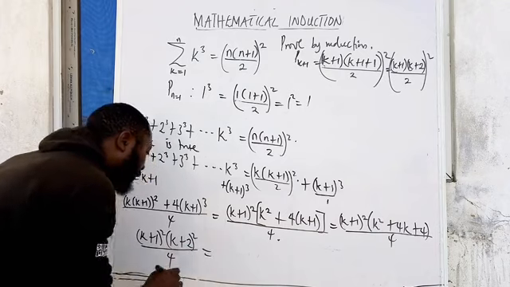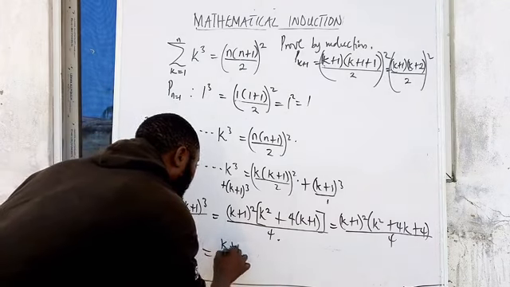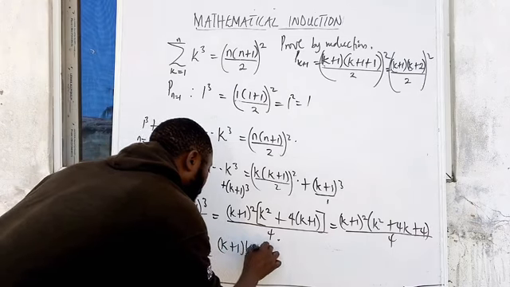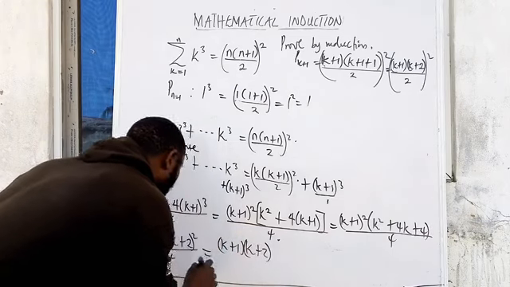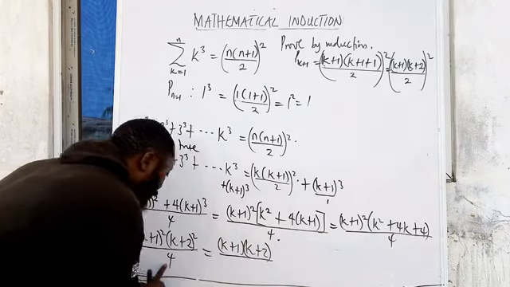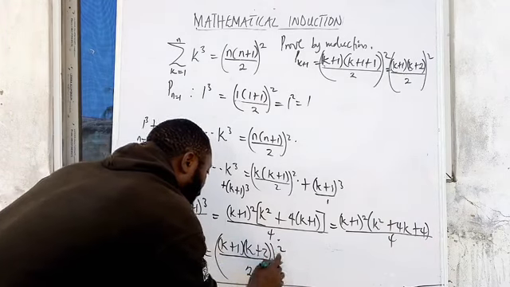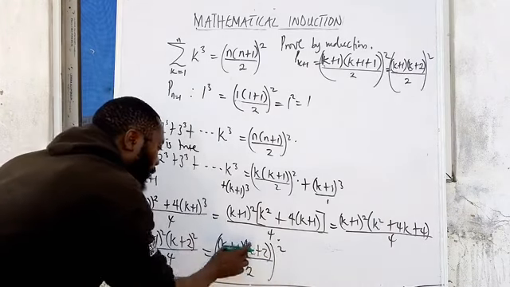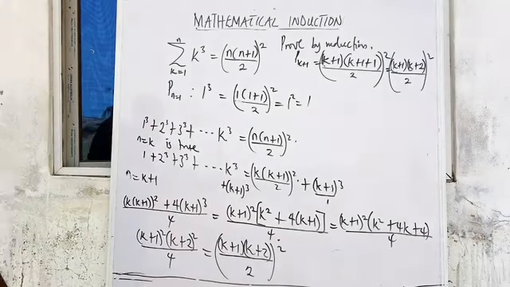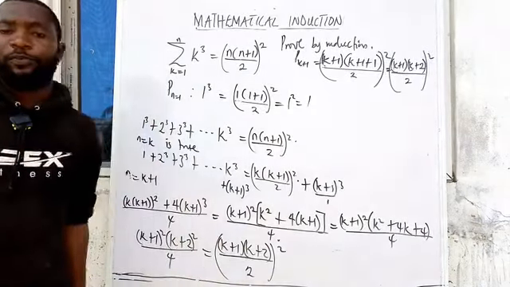And I can rewrite this as k plus 1 times k plus 2. Since the square is common to both, we can just take out the square. This is also squared, so 2 squared gives us 4. Square of this, square of this, and that is what we expected to prove.